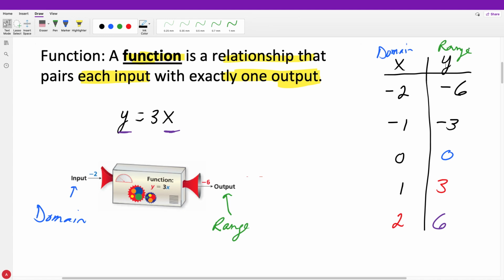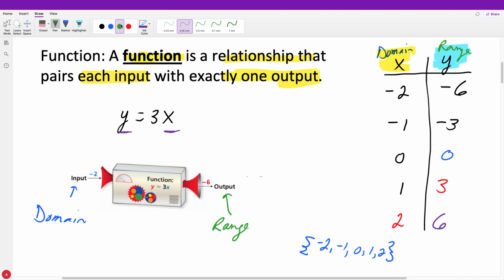So our x values are all of our domain, and our y values are all of our range. This is something you're going to have to just know, because some questions on your test are going to say identify the domain and range of this problem. So you have to know that our domain is our x values or our input, and our range is our y values or our output. So in this question here, just because we're doing a very finite set, our domain would be -2, -1, 0, 1, and 2.